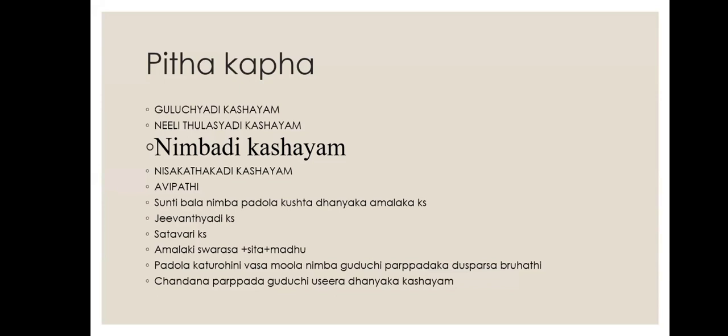Nisha Katakadi Kashayam is actually told in Prameha: Nisha, Kataka, Amalaki, Parandi, Tech, Pachoti, Lodhra. So I started with this Nisha Katakadi Kashayam. When you have Ekanayaka, Ramacham, Ushiram, you can use this Nisha Katakadi Kashayam in the case of pitakas.